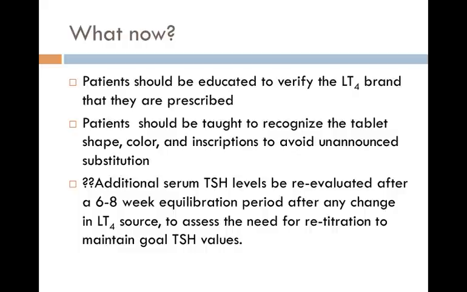If it's cost effective, or if their insurance plan forces them to change, you're going to have to get another serum TSH to reevaluate, but you need to wait 6 to 8 weeks before looking at that, to make sure that the TSHs are within the range, and obviously their symptoms also. You want to make sure that they are continuing to be chemically euthyroid.